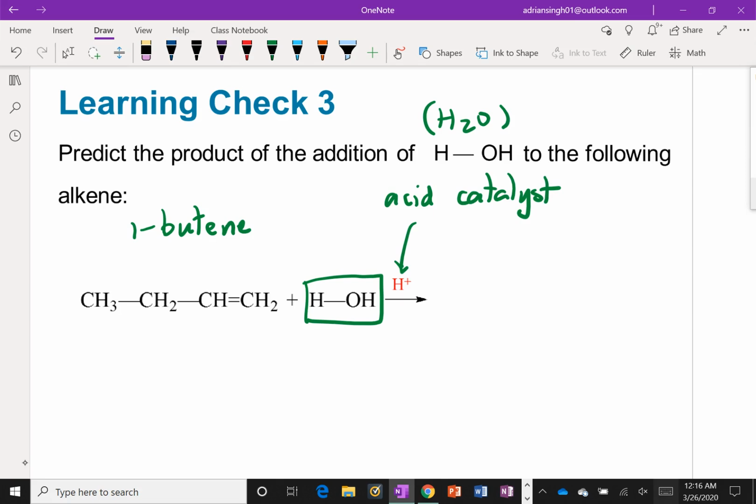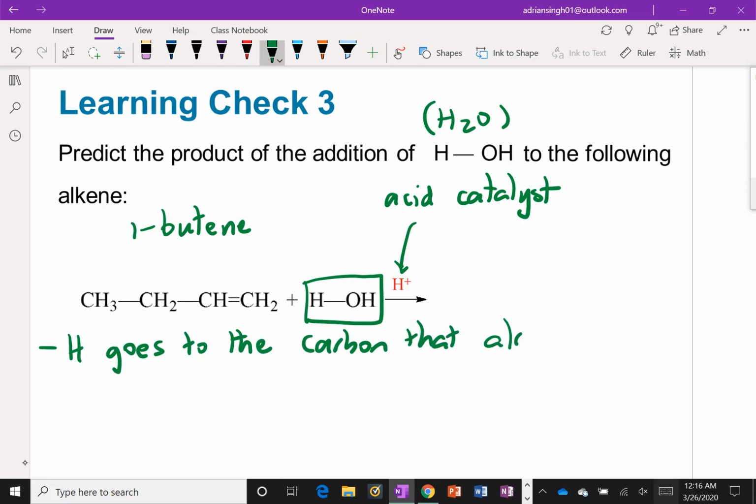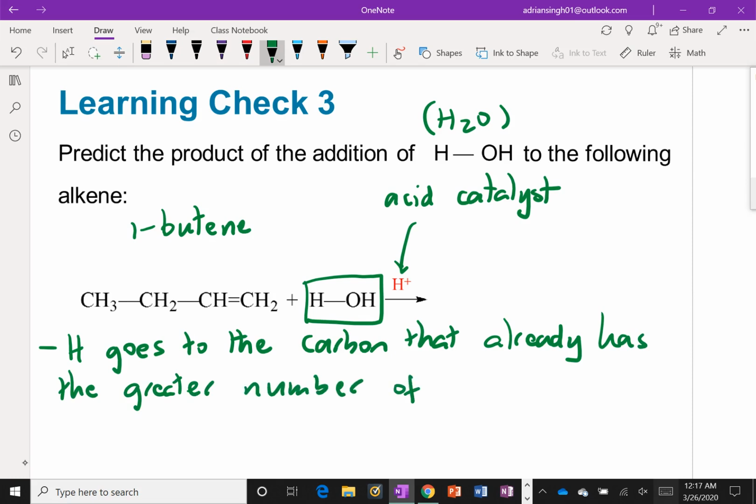Well, there's a rule that we use that says that the hydrogen goes to the carbon that already has the greater number of hydrogens attached to it.